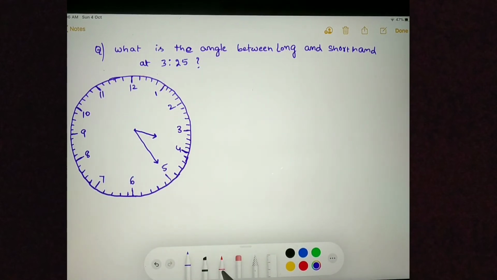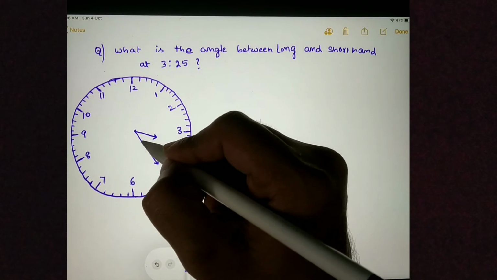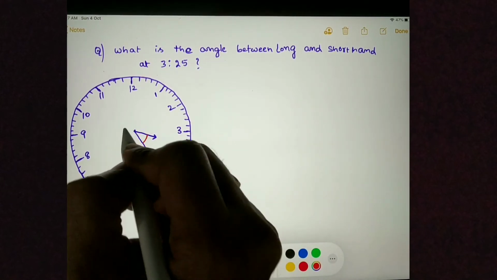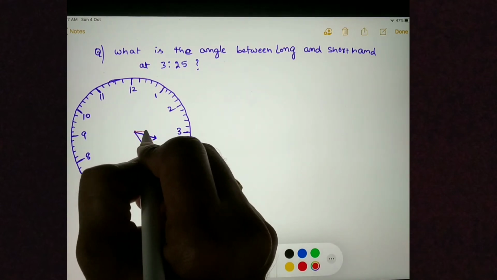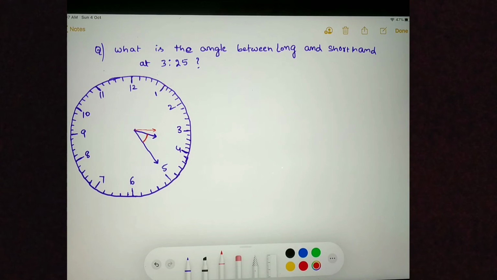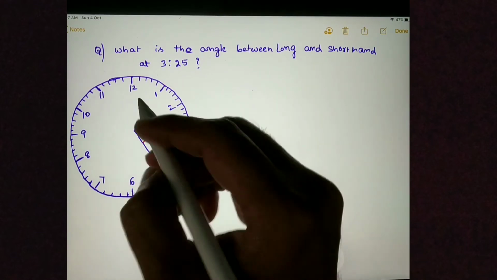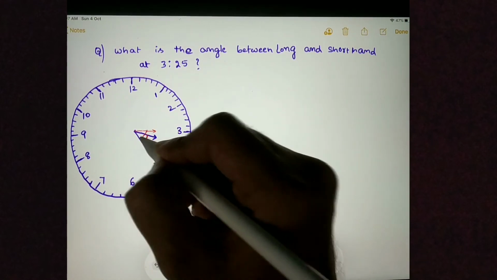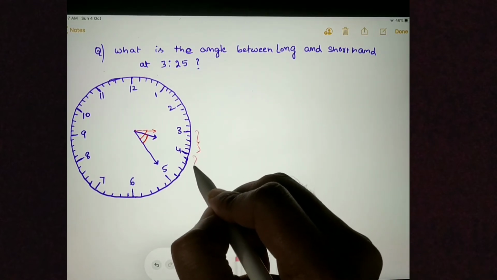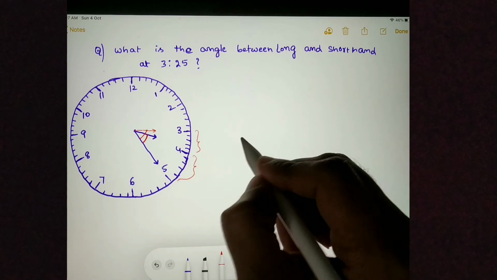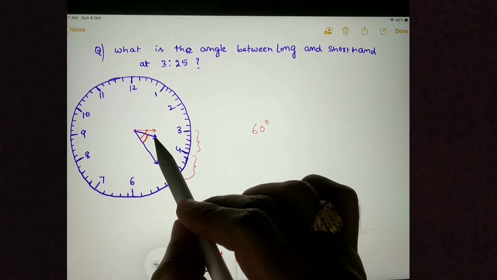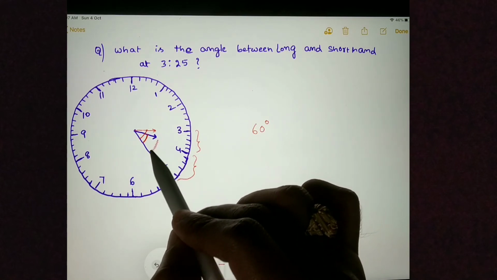We need to find the angle between these two. Assume the short hand is exactly at 3. Then we know the angle between 3 and 5. That is, this is 30 degrees and this is another 30 degrees. Total 60 degrees.